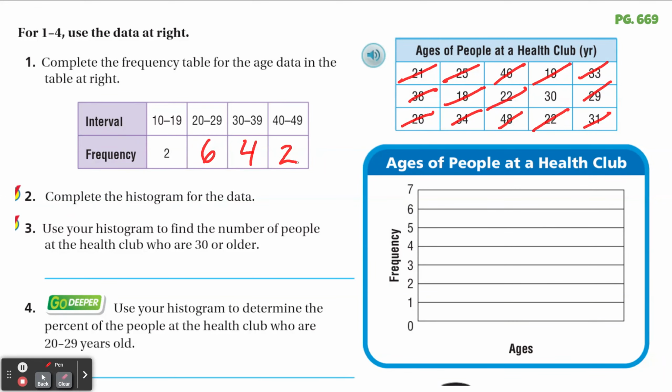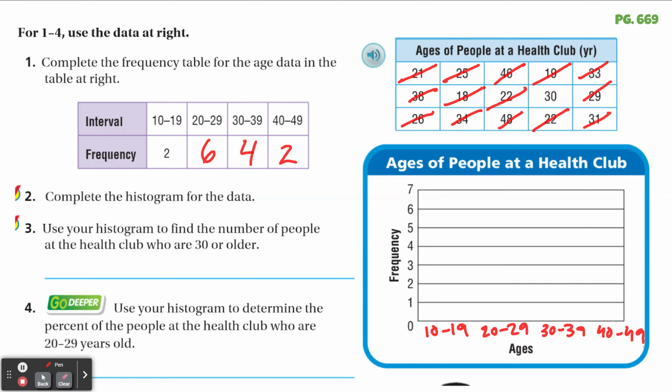Now we're going to complete the histogram. So we saw on the last page that we need to write our intervals at the bottom. So I'm going to put 10 to 19, 20 to 29, 30 to 39, and 40 to 49.